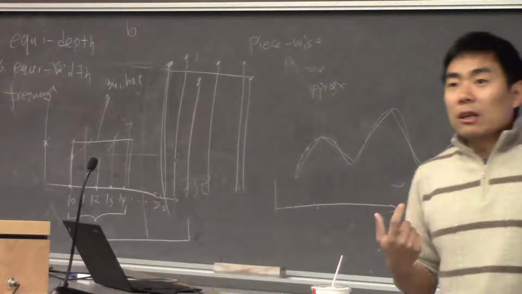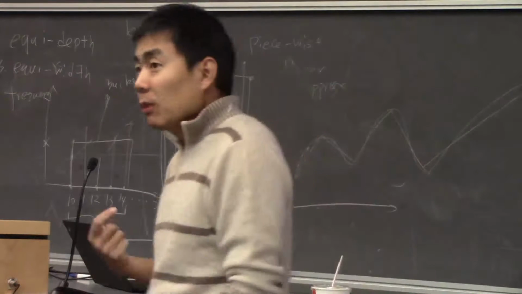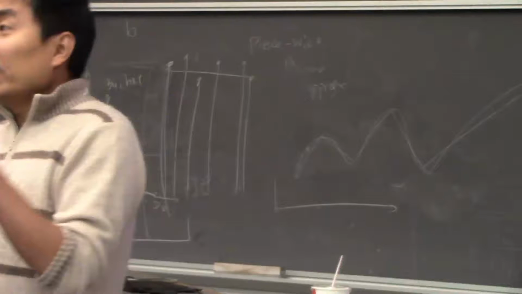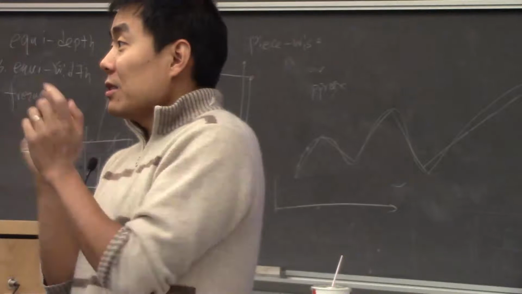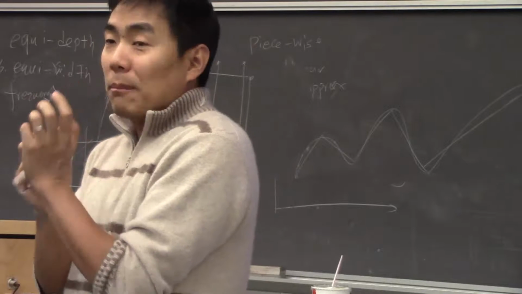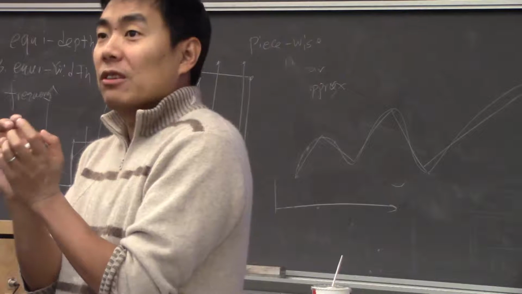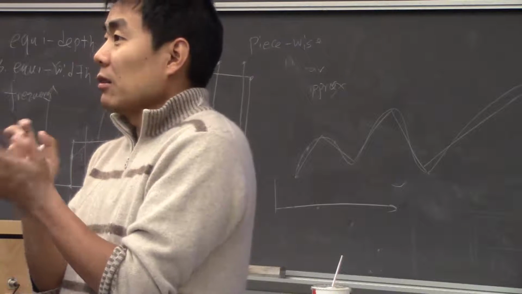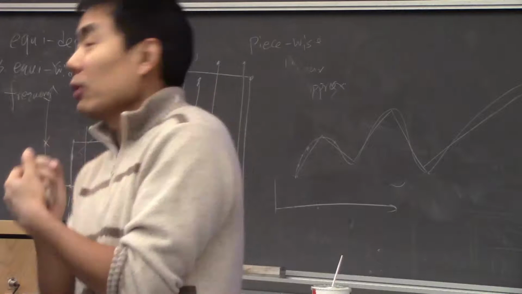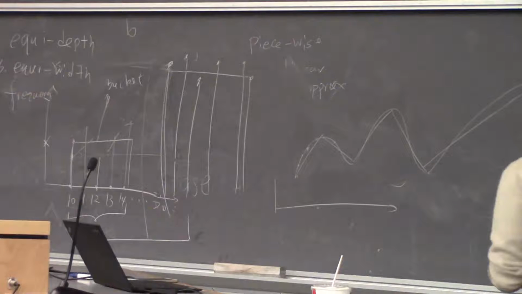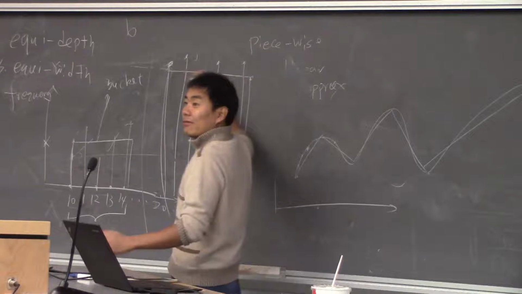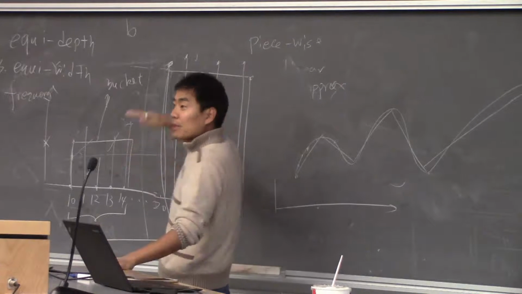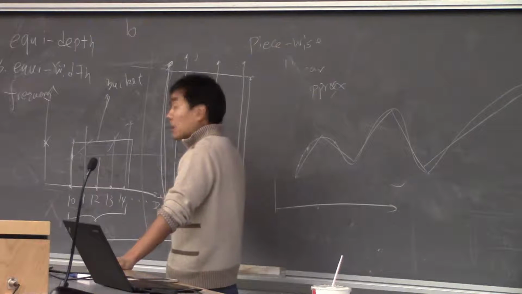How do we define equal depth? Well, the point is you're going to partition your domain into B buckets such that the summation of the variance for every single bucket is the smallest. How do I define variance within each bucket? Well, you can think about the height of the bucket as the average value, kind of like an approximation for the average of all the values in that bucket.